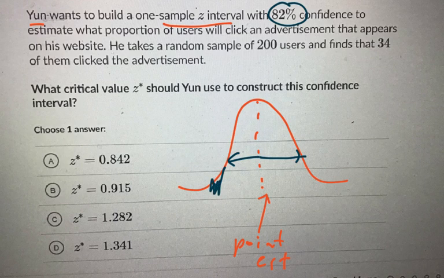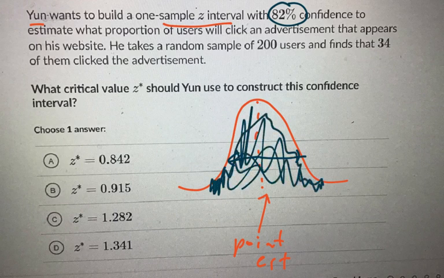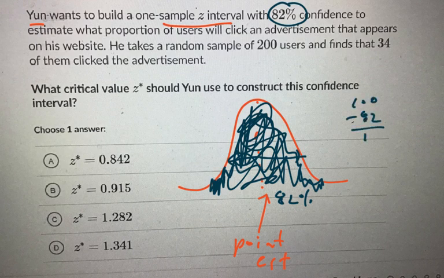And that would probably be somewhere about right there to about right there. So this middle here that I just darkened in black is my 82%. If we do our math, 100 minus 82 means 18% missing total. Divided by 2 means 9% here, 0.09 there, and 0.09 there.